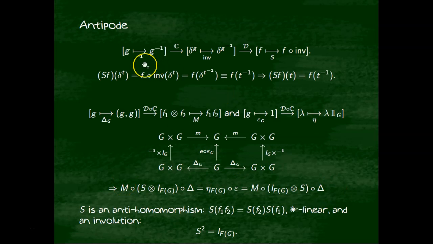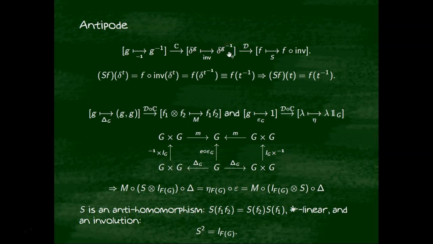Okay, so here again, we're in the category of sets, and we've got a morphism, which is the inverse map, which has an element of a group sent to its inverse. Apply this free functor, and this is what I call the free functor applied to this inverse, it says delta G to delta G inverse.